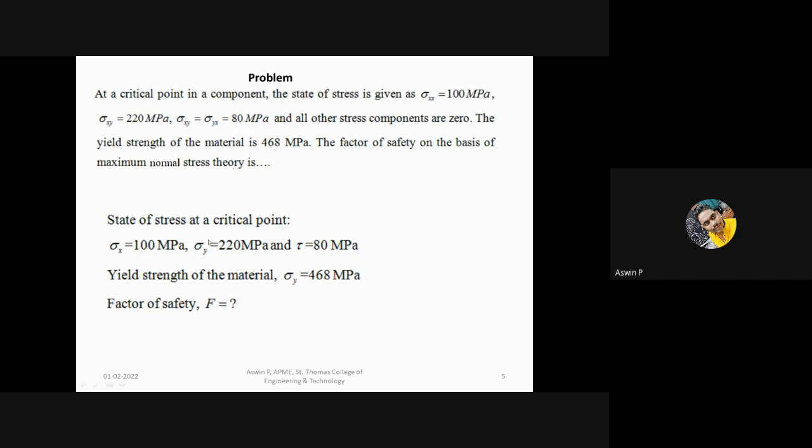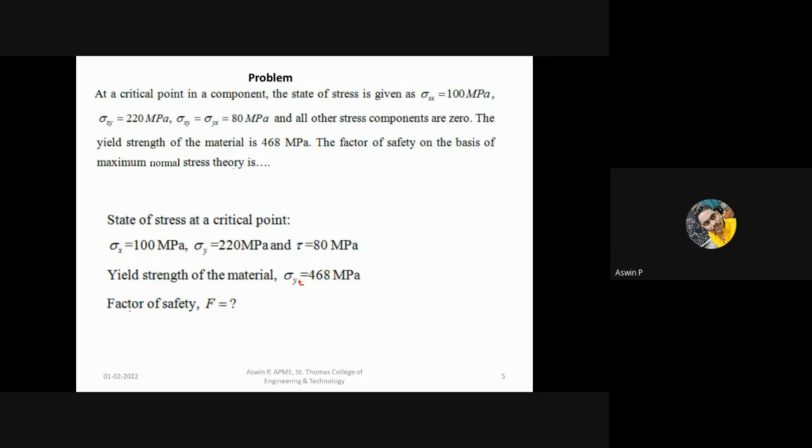You will get confused with this term. So always write sigma yt. As we have mentioned, it will not be sigma y, it will be sigma yt. Else you will be confused with axis y as well as yielding, because both are y.